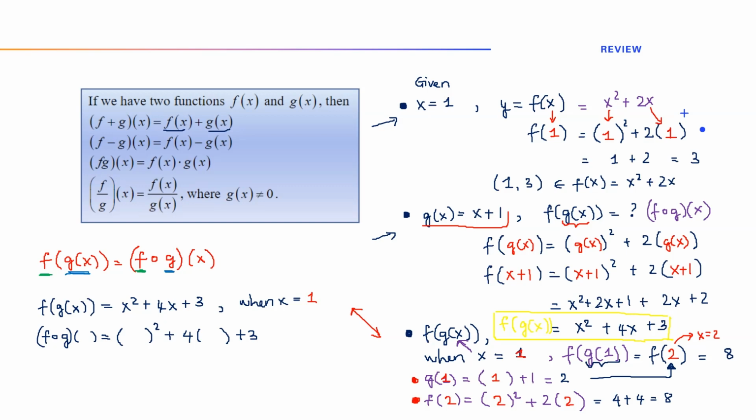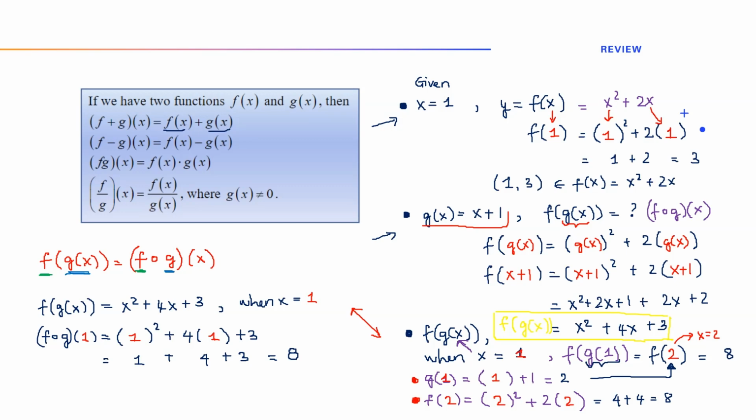Now we plug the value 1 in. Then simplify it. We'll have 1 plus 4 plus 3, and we still have 8 as the answer.